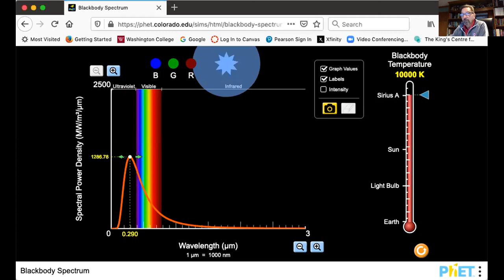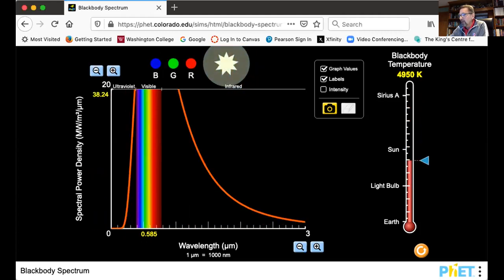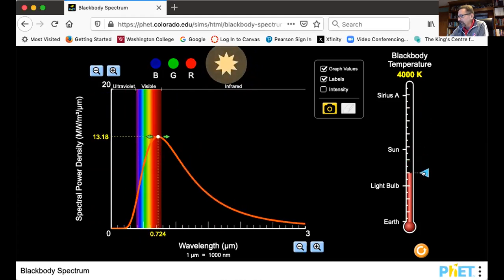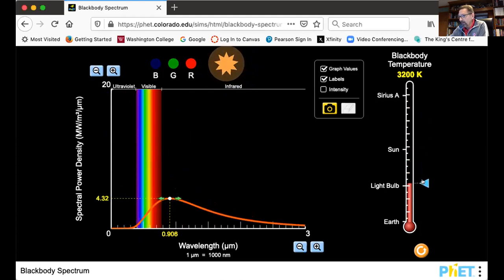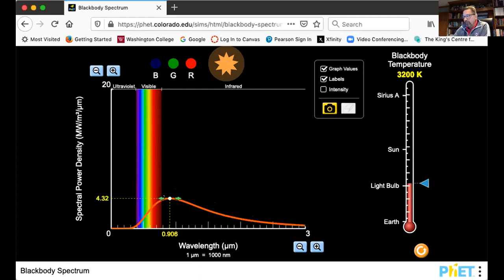Now, if you ever saw the movie Predator with Arnold Schwarzenegger, the presumption there is that the being he was fighting in the movie came from a planet in a star system that had a temperature closer to that of a light bulb. So the predator that Schwarzenegger is fighting actually has a sun in that solar system that's a little cooler than ours.